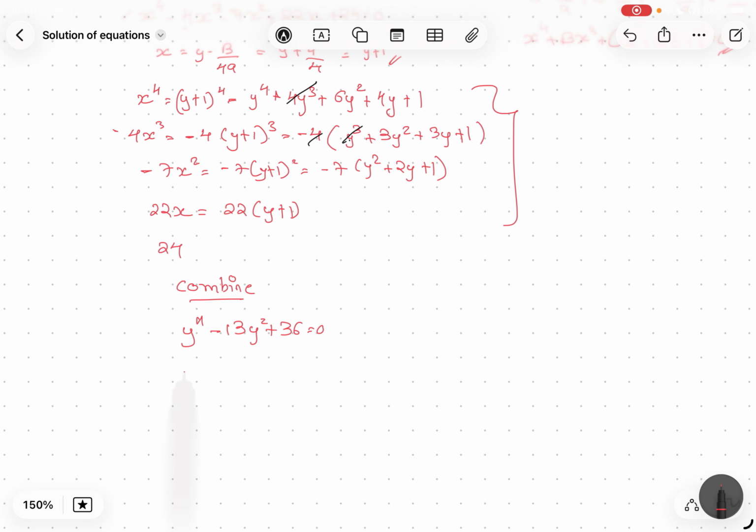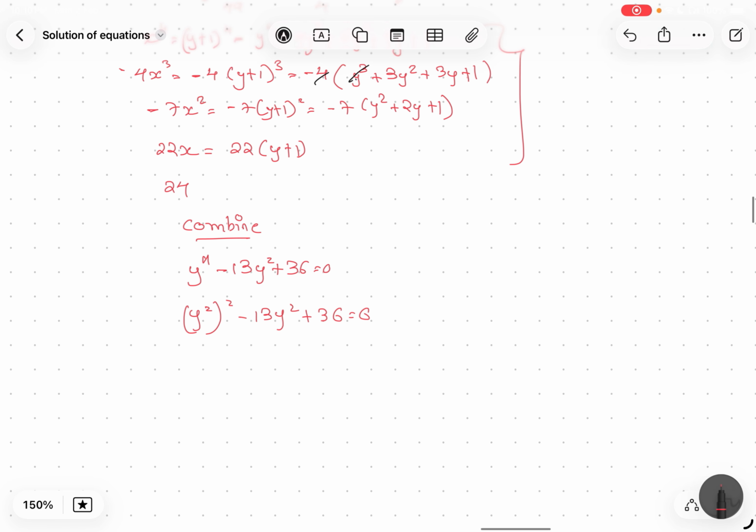So I have (y^2)^2 - 13y^2 + 36, which I can represent in a simpler way. Now I can represent my y^2 as u. So if I substitute u, it would be u^2 - 13u + 36 = 0.